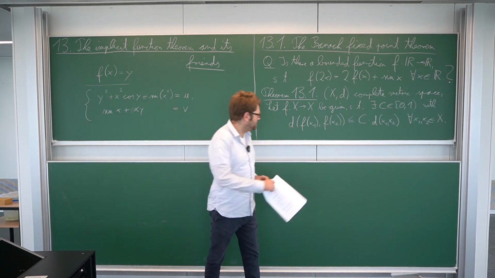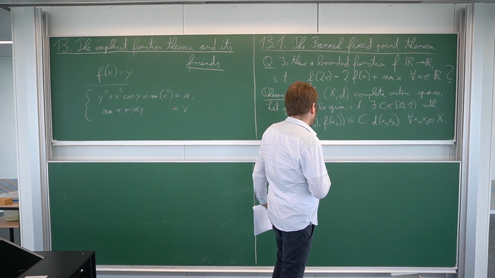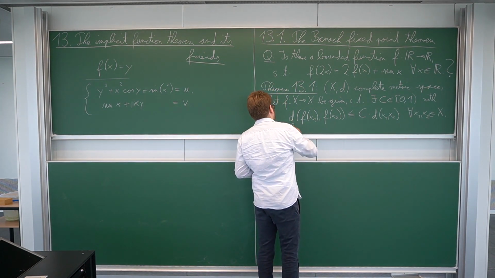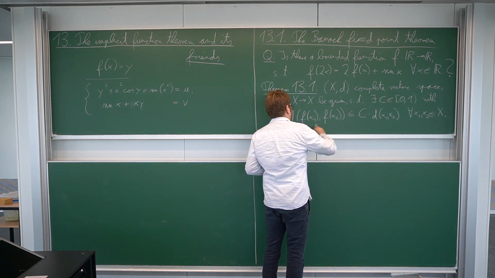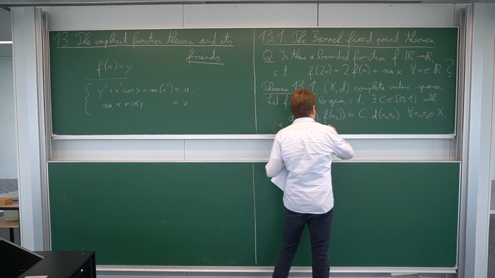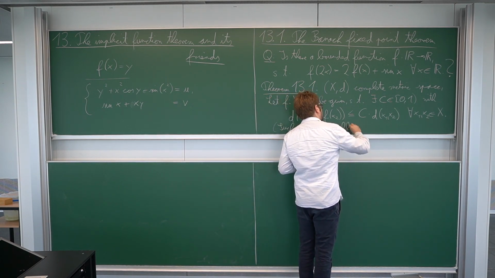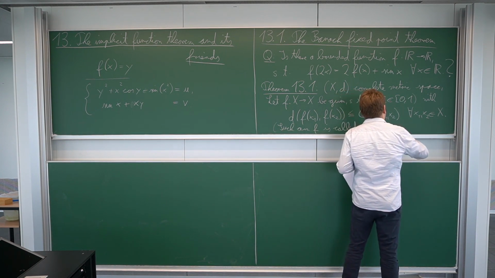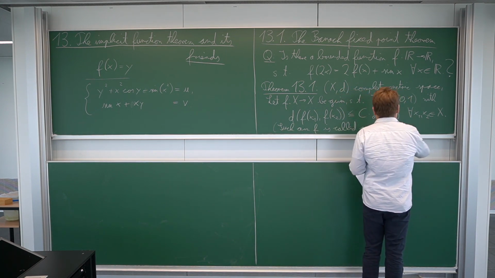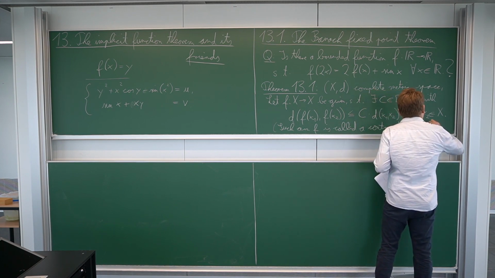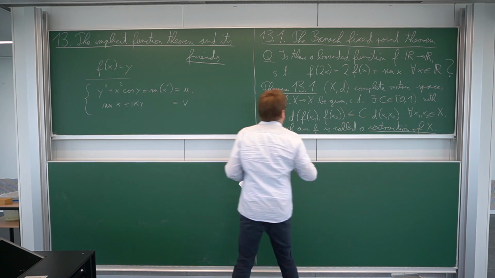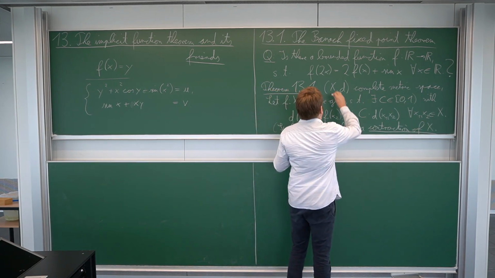That's the idea there. Also one piece of notation: such an f, for which there is such a constant smaller than 1, is also called a contraction of X.